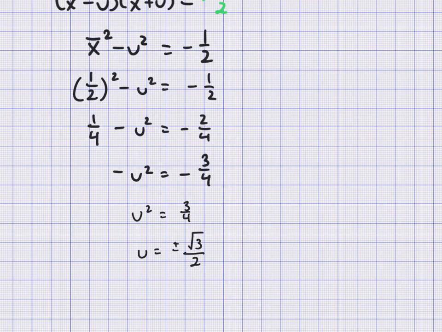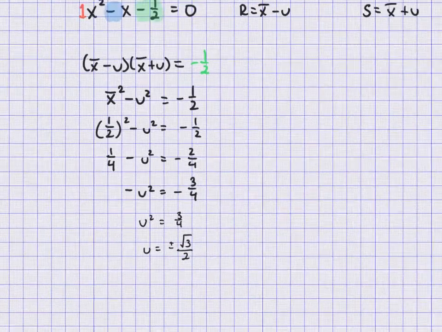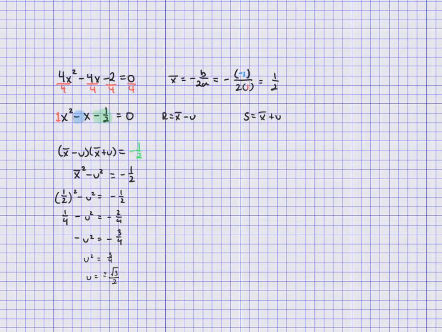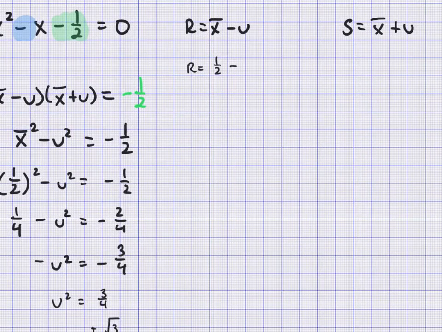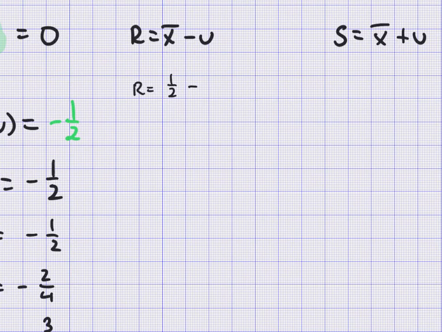Okay, so I'm not done, but I'm going to take this value right here, and I am going to substitute it up there. Okay, so we know what x bar is, so r is equal to 1/2 minus, we know what u is, and u is radical 3 over 2.